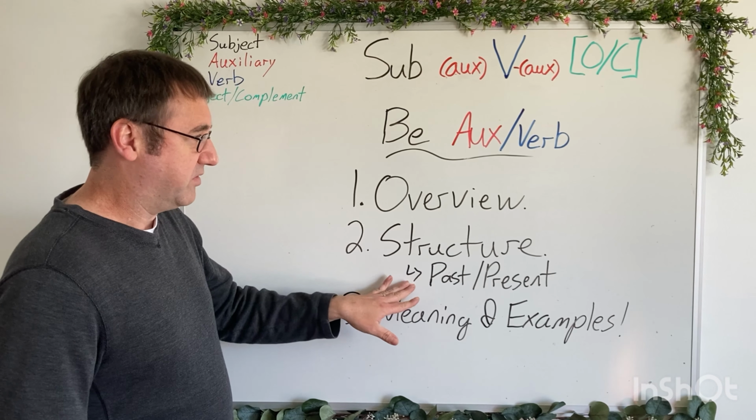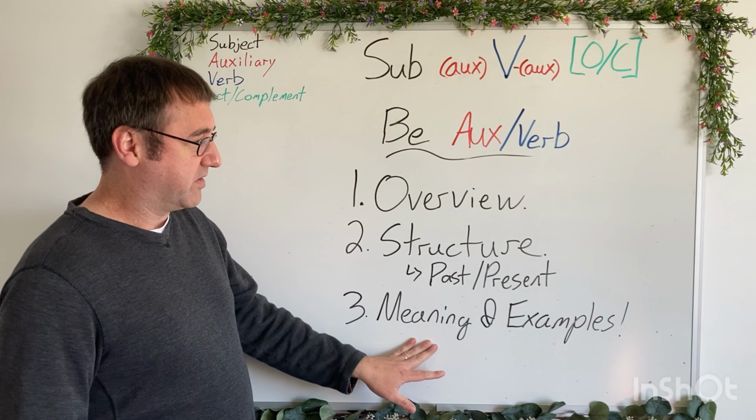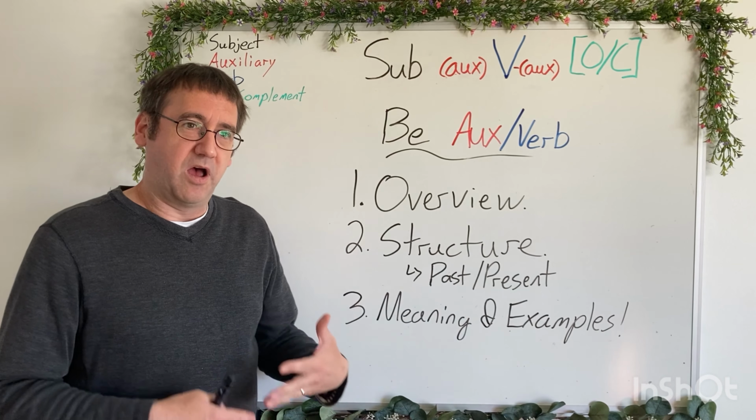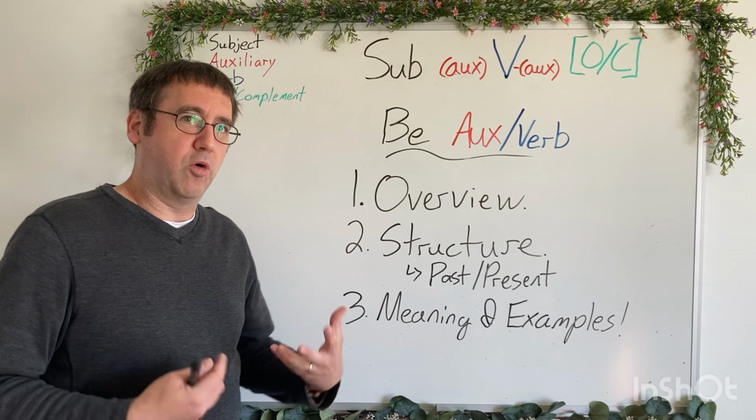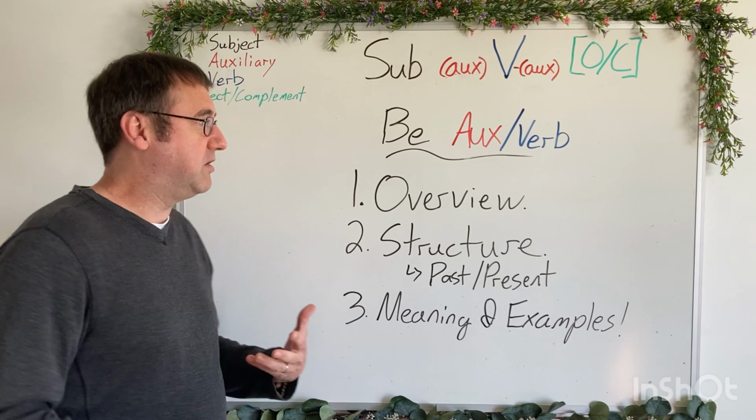And then we'll look at the meaning and examples, because you know me, meaning is the most important. And with some nice easy examples, I hope that you can understand how be verb or be auxiliary verb works in English, because it's both. So let's find out how.